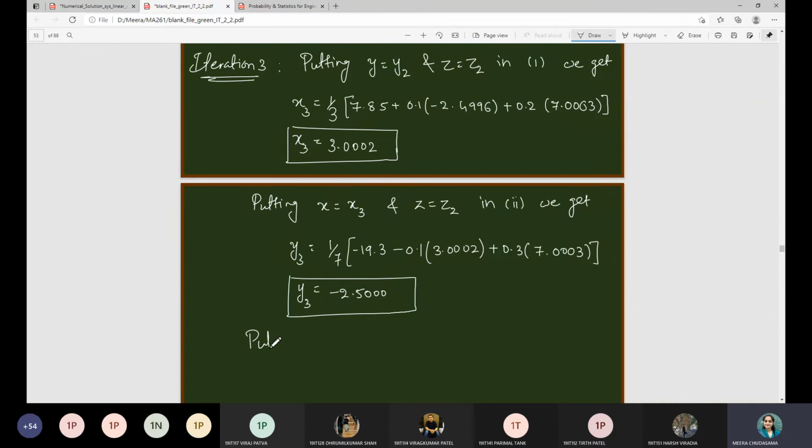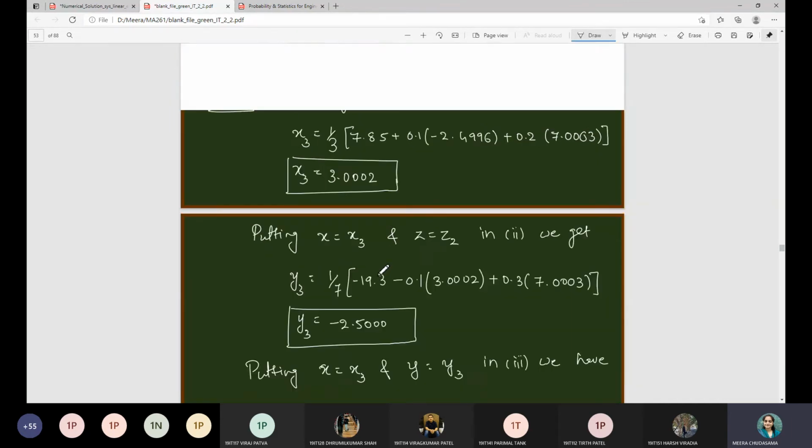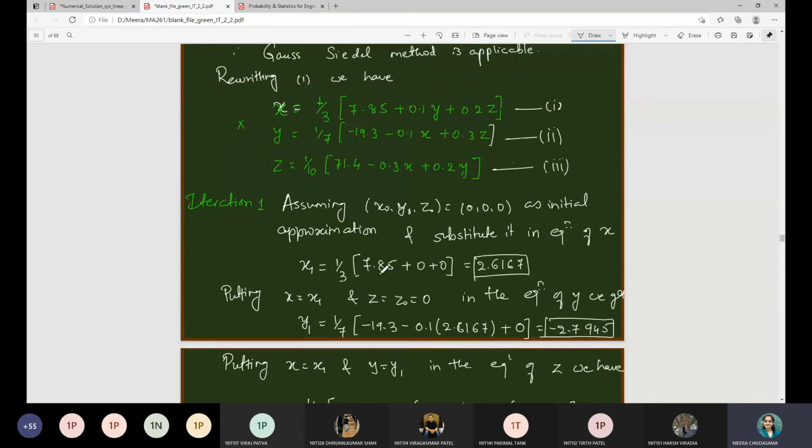And finally putting, एक तो z का एक्सप्रेशन है तो x इन्वॉल्व होगा. लास्ट इटरेटेड वैल्यू ऑफ x इज x3 and y iterated value is also y3, so that we have to substitute in 3. We have, so what will have, z3 is equal to 1 upon 10, 71.4 minus 0.3 plus 0.2.